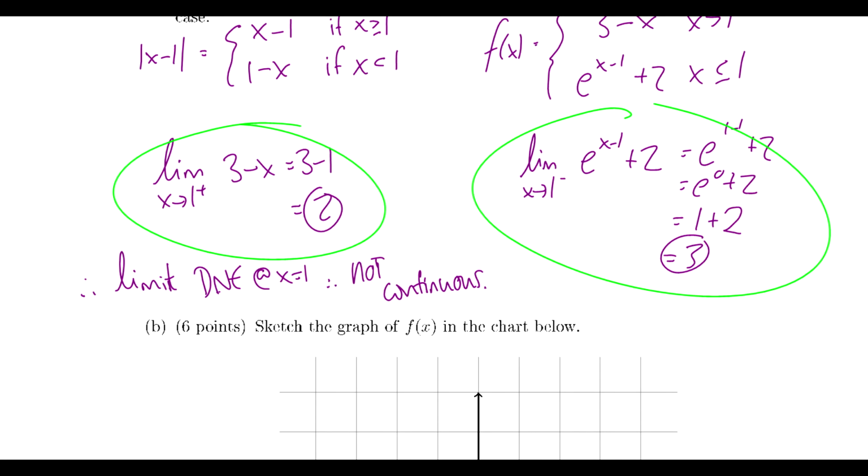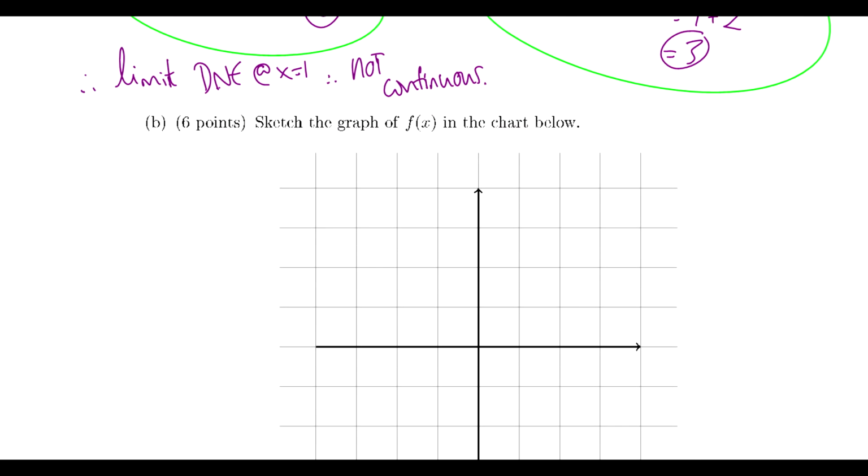So now we have to sketch this graph, which might be a little bit challenging, but we know that it is 3 minus x for x greater than 1, and it is e to the x minus 1 plus 2 for x less than or equal to 1.